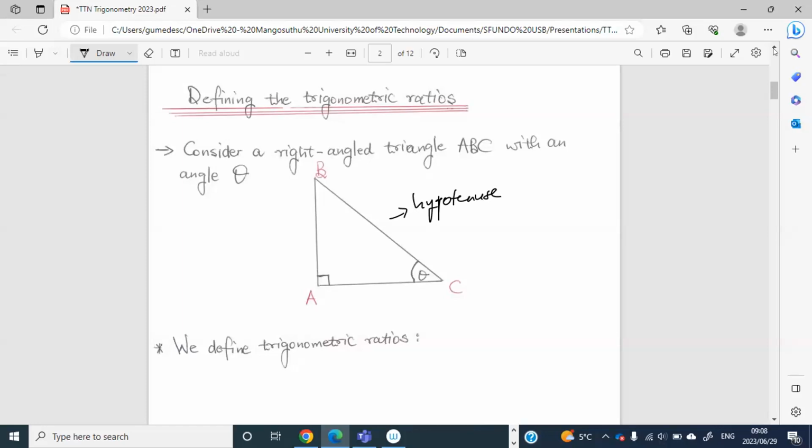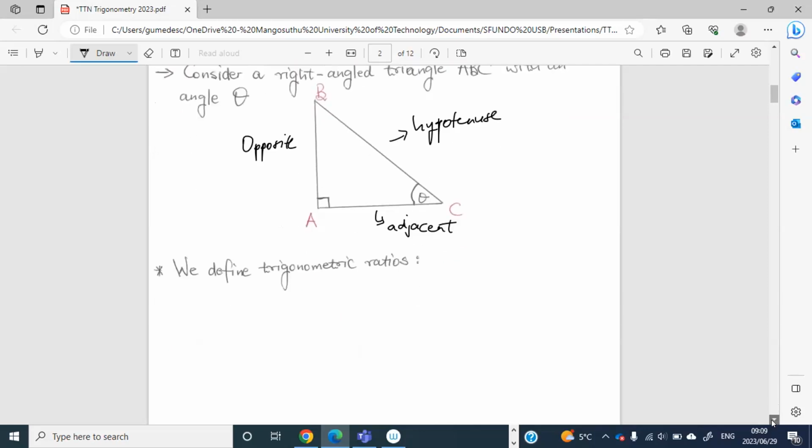And then if theta is our angle that we are going to use, the side that is directly opposite, because it is opposite to our angle theta, will be called opposite. The side here where theta lies, we'll call adjacent. This is adjacent, and opposite, and hypotenuse.